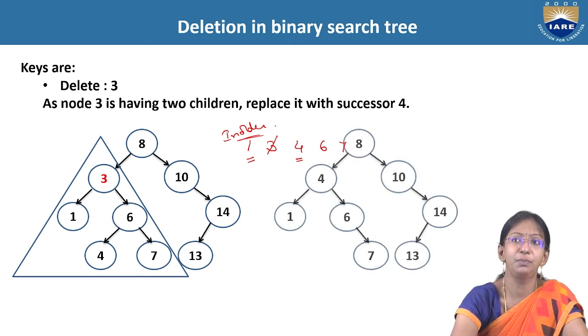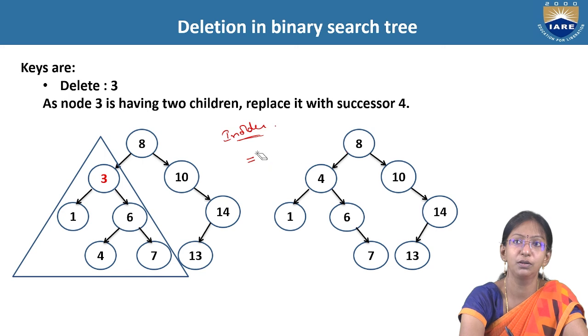Once I replace it with 4, have a look at the picture next to it. So what is it saying? The element 4 has overwritten the value 3, right? And remove the element for duplicates. Remove this. So this is the final picture which I'm going to.